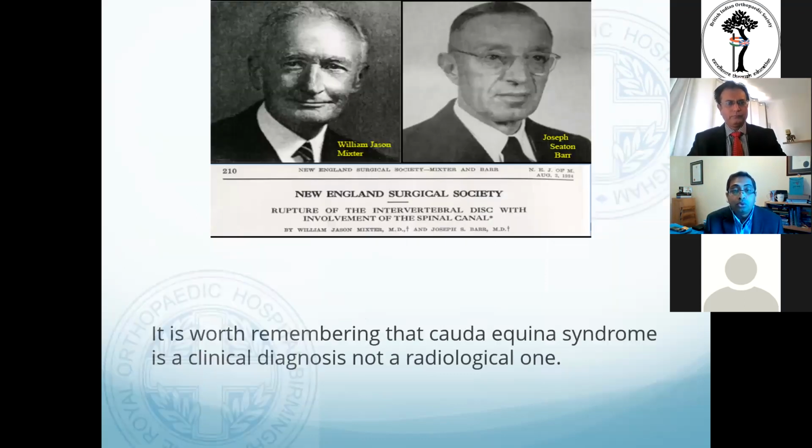It was two British surgeons, in fact, Mixter and Barr, who mentioned the term cauda equina syndrome in 1934. But one thing we must remember is that cauda equina syndrome is a clinical diagnosis. It is not a radiological diagnosis.